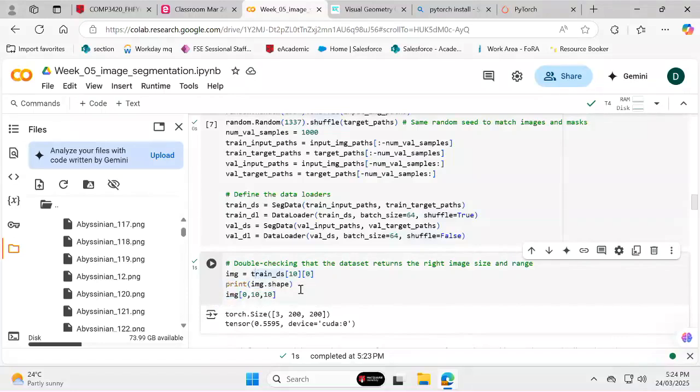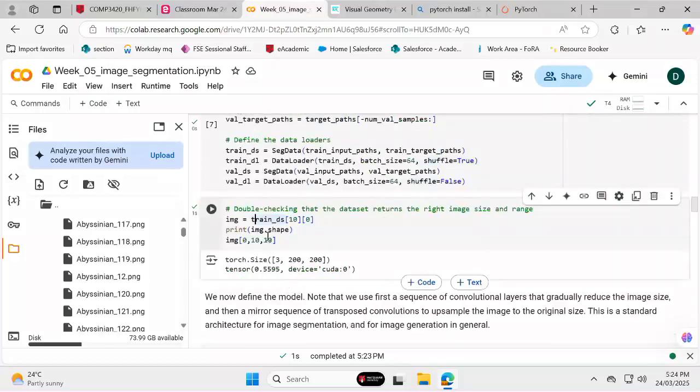This is what I call defensive programming. You're making sure that everything is okay as you do programming. So the shape is right, 3 channels, 200 times 200, and the pixel on channel 0, row 10, column 10 is this value, which is between 0 and 1, so it seems to be okay.